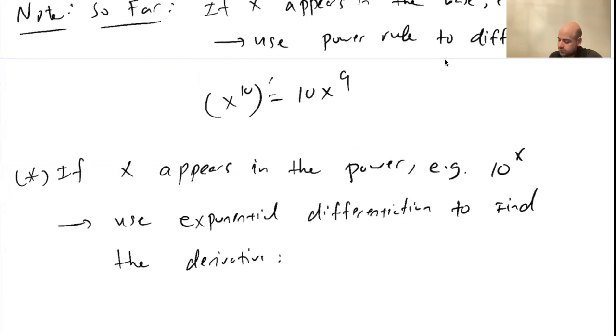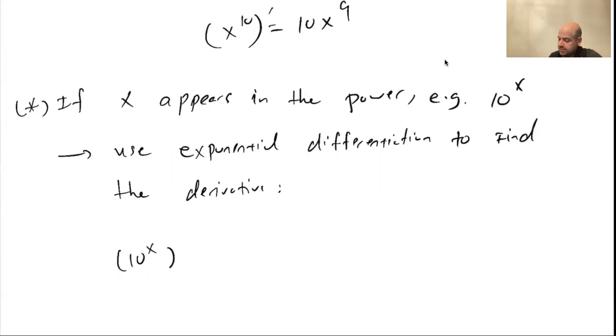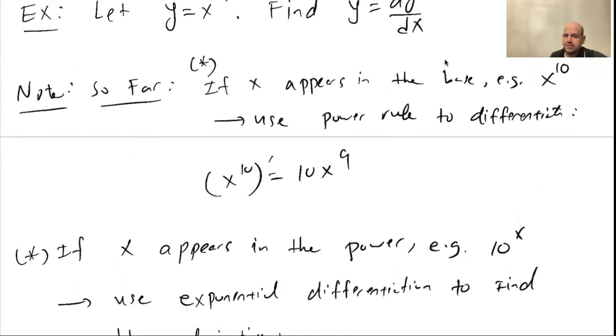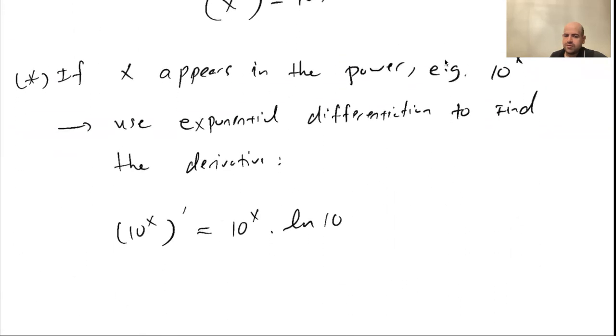So 10 to power x derivative will be 10 to power x itself times ln 10. Right? e to power x derivative is e to power x itself, but a to power x derivative is a to power x itself times ln a. Okay, so this is a very tricky situation. If x appears in the base, use this formula. If x appears in the power, use this formula.